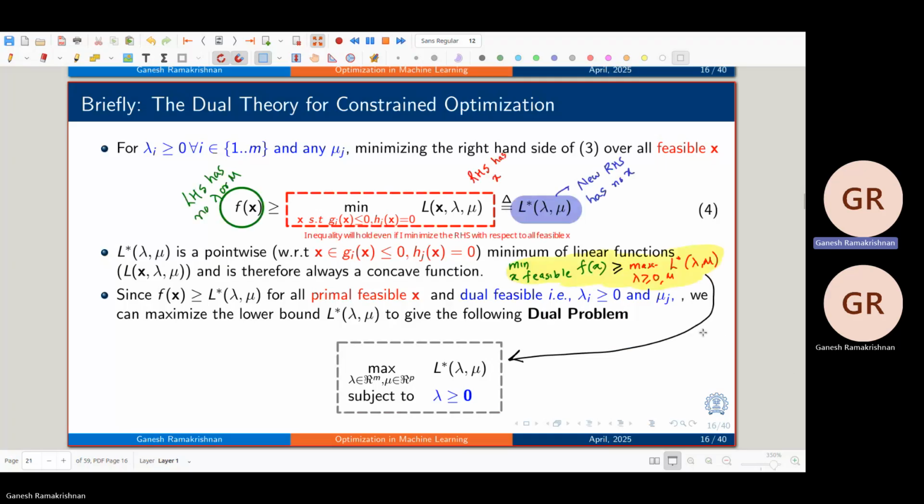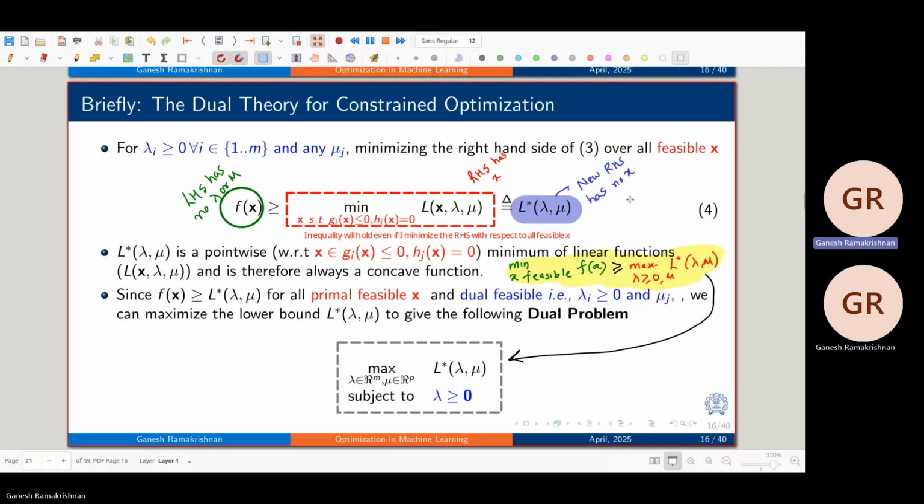I'm going to take you through another small graphical exercise to help you understand this. Just register, the LHS has no lambda or mu. Of course, you want to minimize f(x) subject to g_i less than or equal to 0, h_j equal to 0.